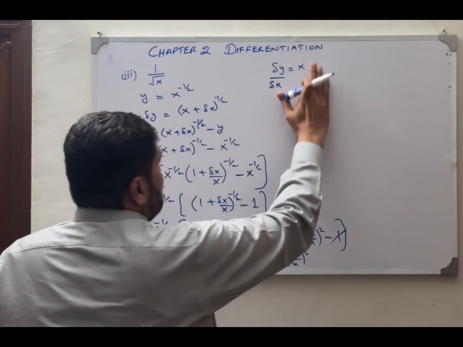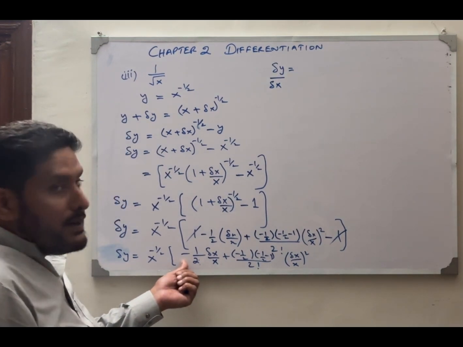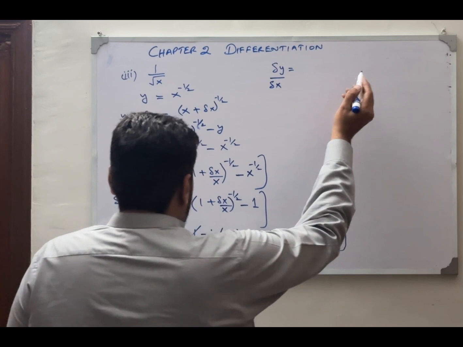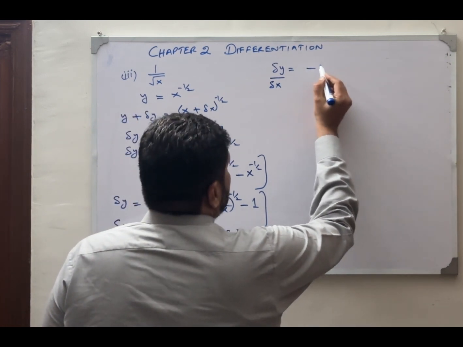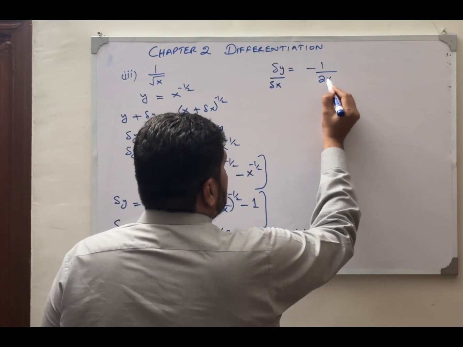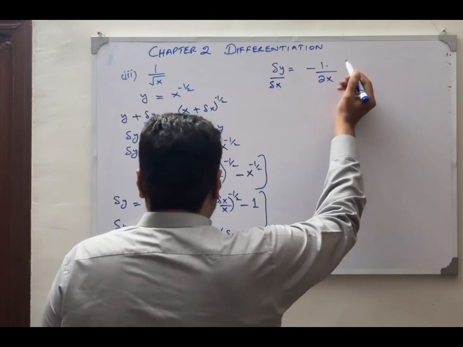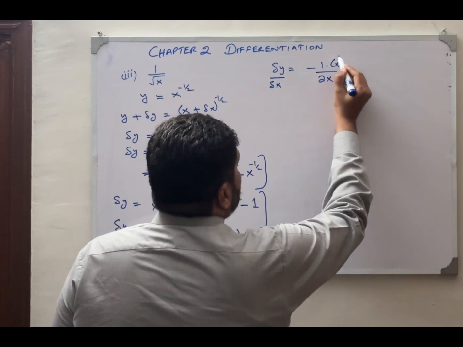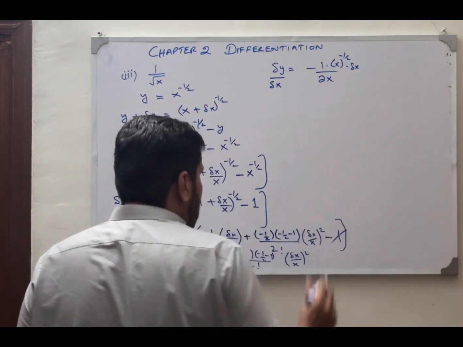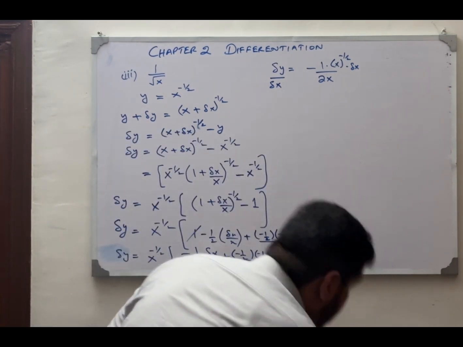This is equivalent to minus 1 by 2x, and this will be multiplied by x power minus 1 by 2 into delta x, or we take delta x common from both of them.